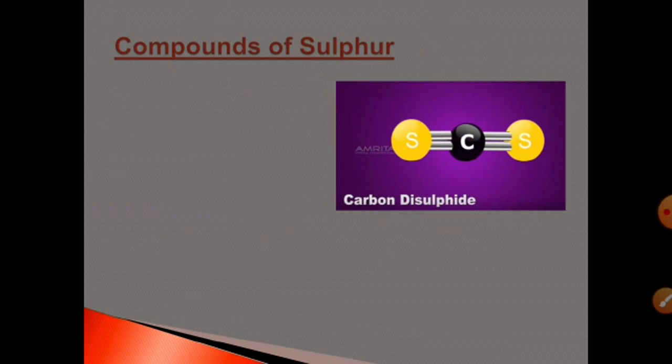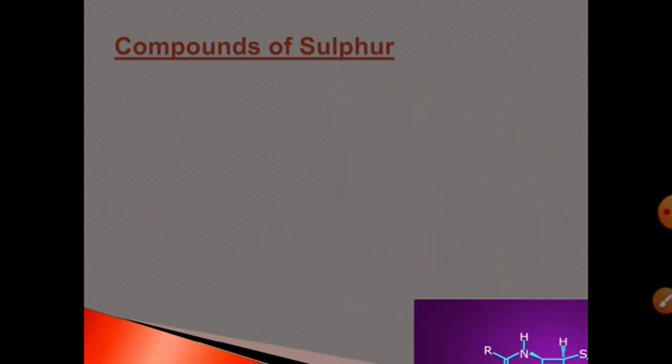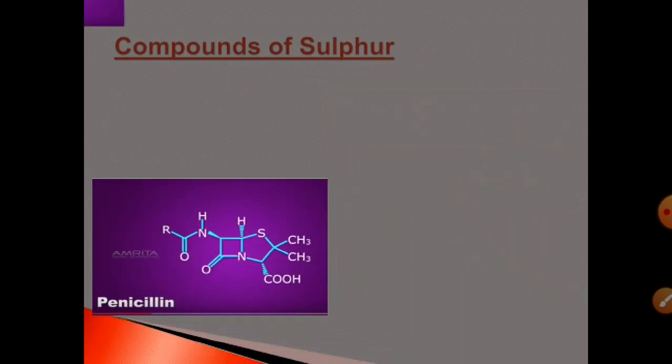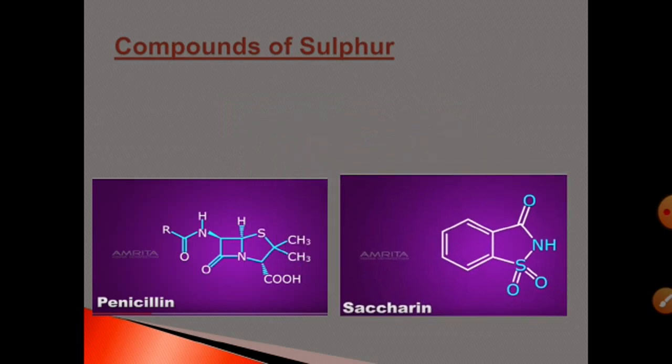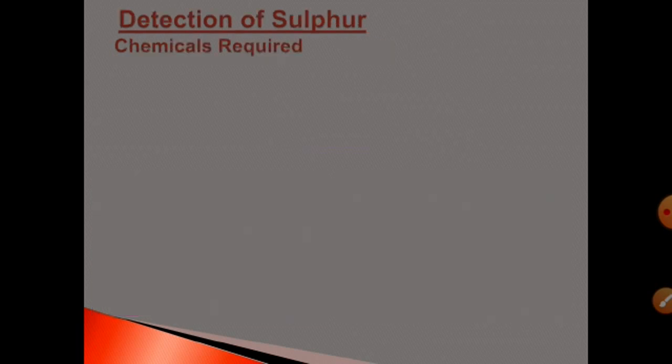Carbon disulfide, the antibiotic penicillin, and the artificial sweetener saccharin are also sulfur-containing organic compounds. Upon fusion with sodium metal, the sulfur atom in the organic compound is converted into sodium sulfide, which is used for the detection of sulfur.